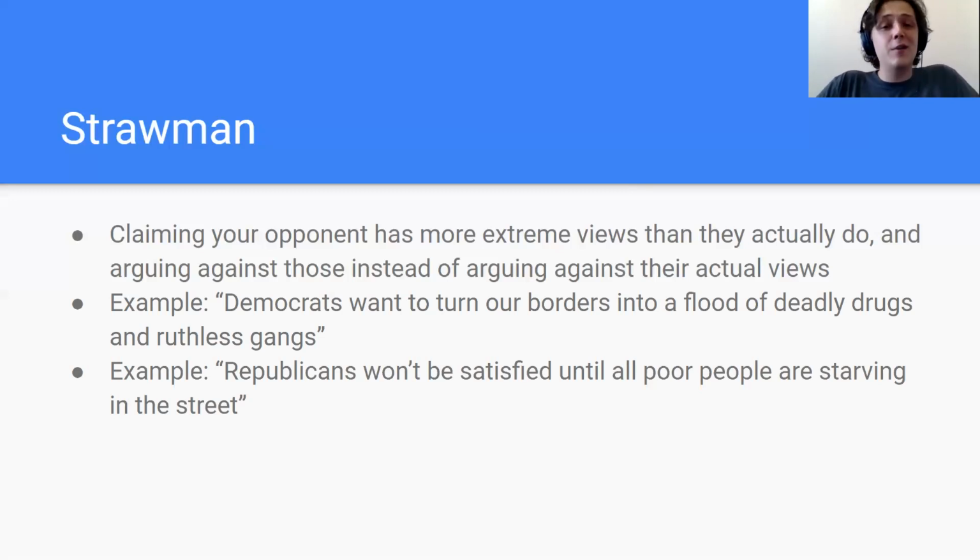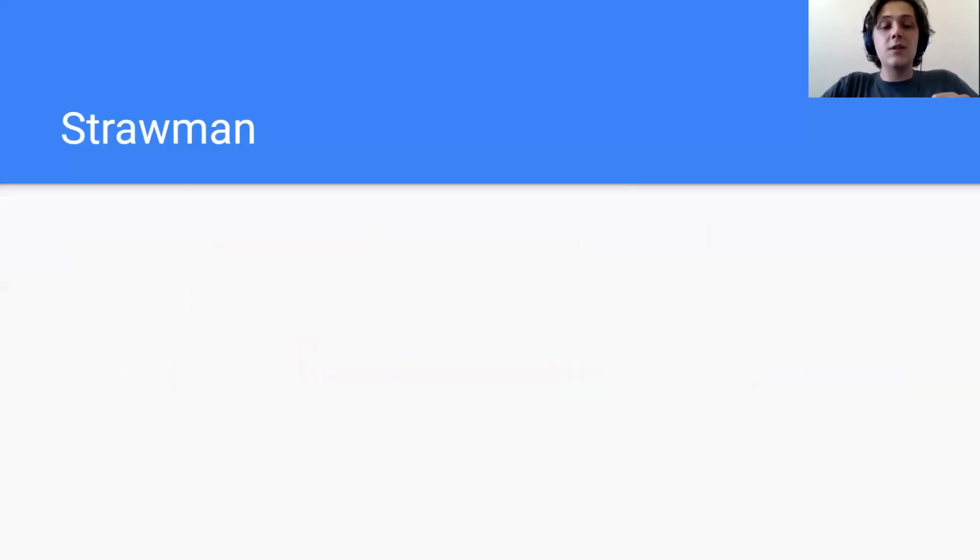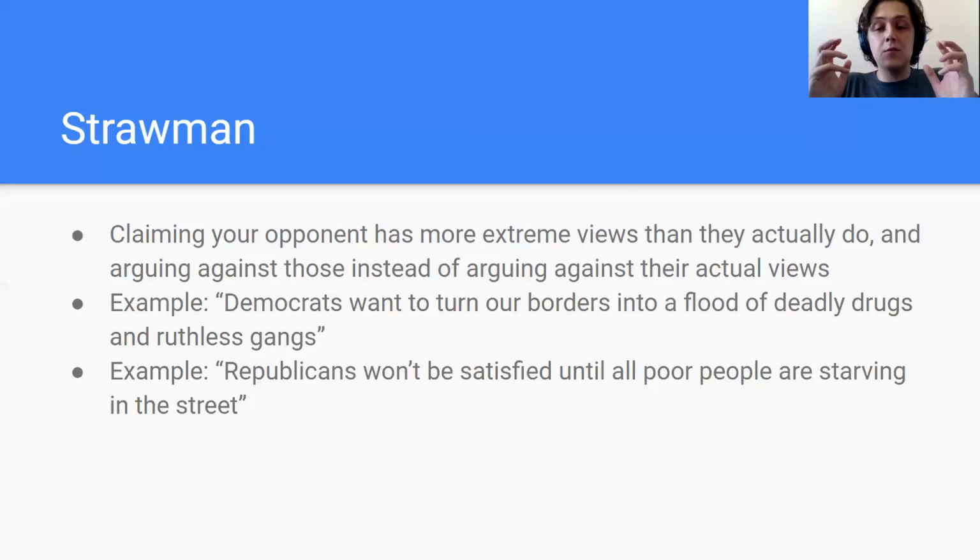No one's that cartoonishly evil. That sort of caricature view is not actually being defended by anyone. But you will hear politicians accuse opponents of these outlandish, crazy desires, like wanting poor people to starve or wanting deadly drugs to kill people in the country. Those are ridiculous views that no one actually holds.